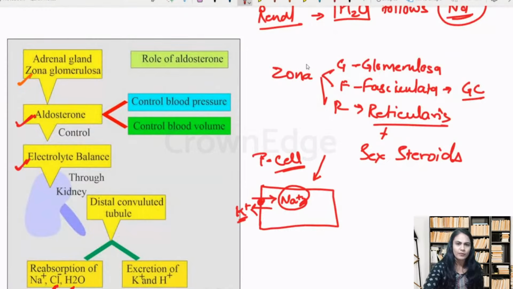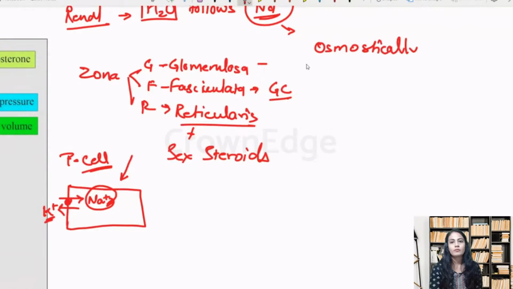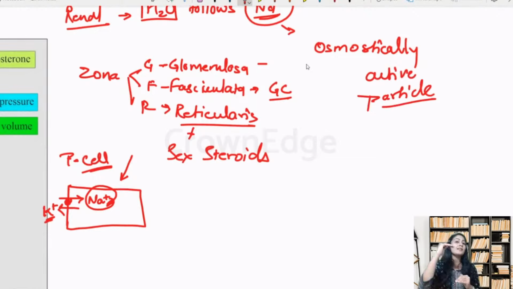Why does that happen? Is there any physiological role? In remembrance we can remember it like that, but sodium is a highly osmotically active particle, which means it is going to increase the osmolarity of your blood. But the body needs homeostasis, or balance. If the osmotically active particle is increased, that means your solute is increased. To maintain balance, we need to increase the solvent also.